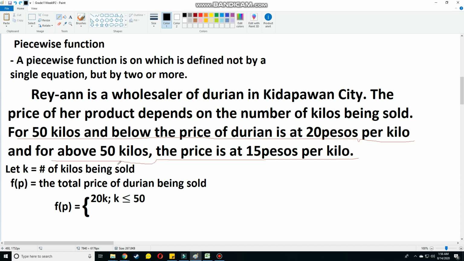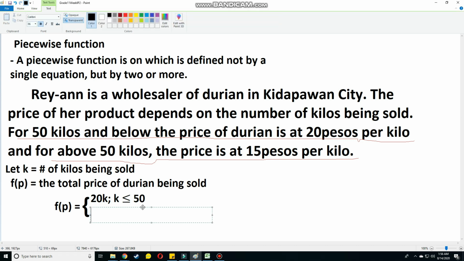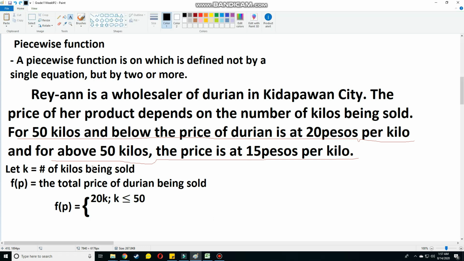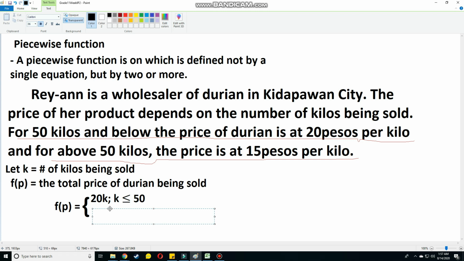For above 50 kilos, the price is 15 pesos per kilo. So now the price went lesser if you would buy more kilos of durian. So therefore, the constant 20 would change into 15, depending on the number of kilos, with the restriction that the number of kilos is greater than 50.